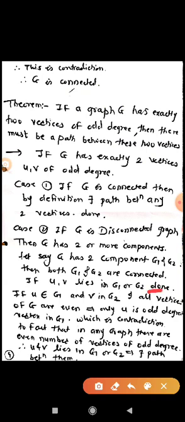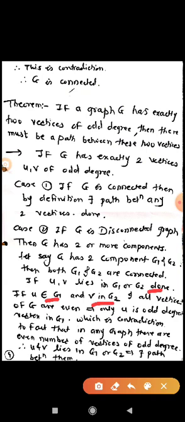Now the only case that remains is if one vertex is in one component and the other in the other component. That is, suppose U belongs to the vertex set of G1 and V belongs to the vertex set of G2, in the corresponding components. Now in graph G, all vertices except the two vertices U and V are of even degree.